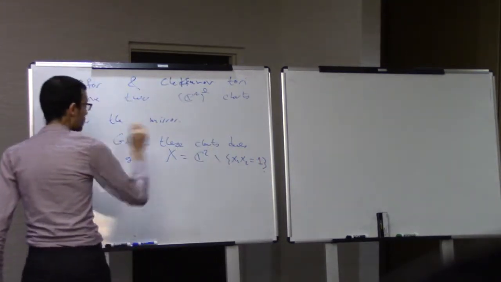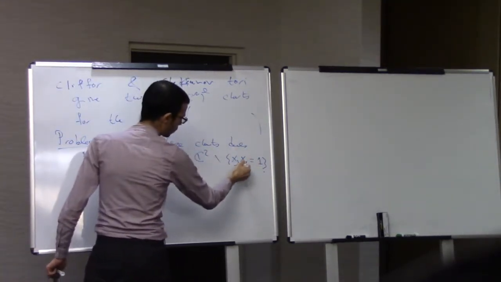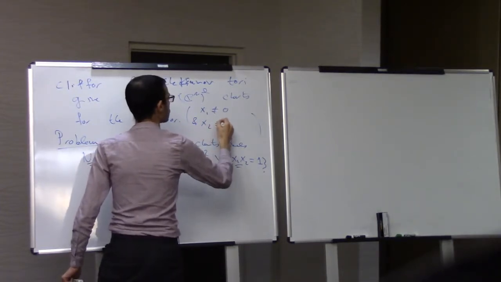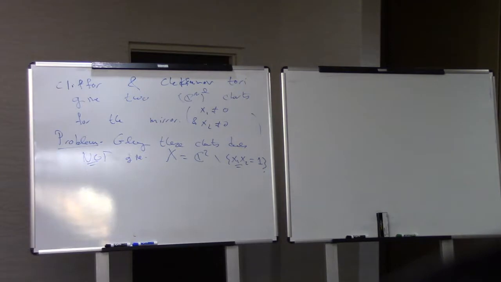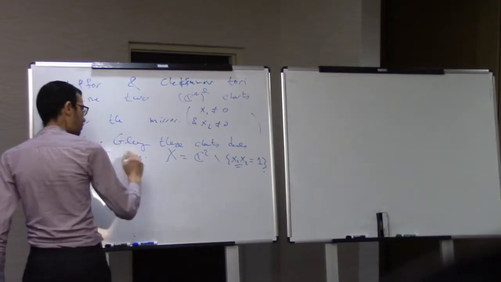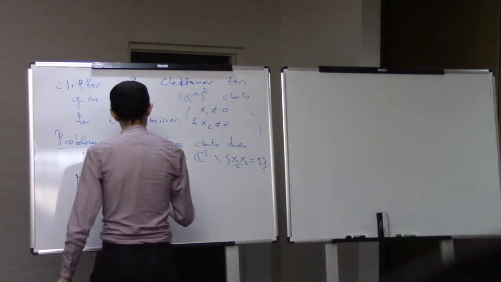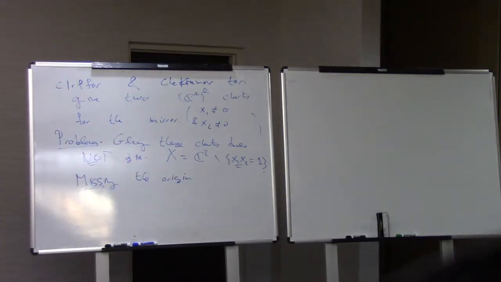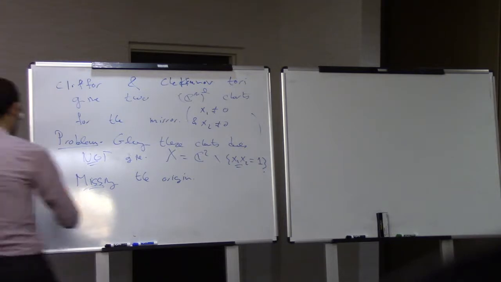By the way, if you think about these charts from this point of view, they correspond to x1 not equal to 0 and x2 not equal to 0. Those are the two possible charts. You don't get the whole space; you are missing one point, the origin. And I think the place where this was first worked out is explicitly some notes of Seidel.